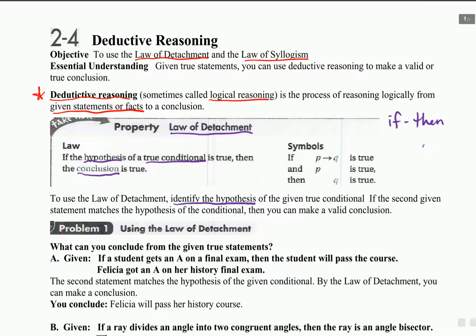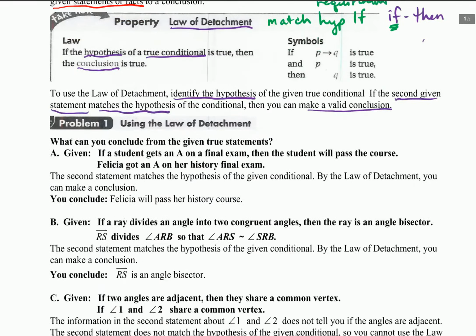And if the second given statement matches the hypothesis, so we want our second statement to match our hypothesis, match our if, our requirement. If the requirement is met, then you can make a valid conclusion. So let's look at how this works.